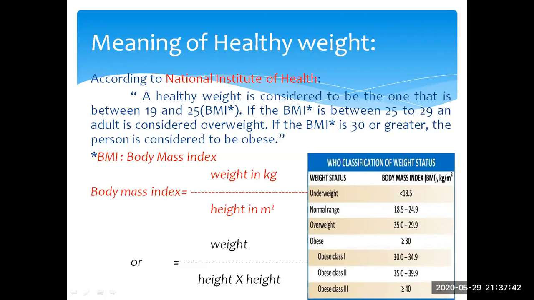If the BMI is 25 to 29.9, then the person will be regarded as overweight. And if the BMI is greater than or equal to 30, then obese. And again, there are three classes in obese: obese class 1, obese class 2, and obese class 3.